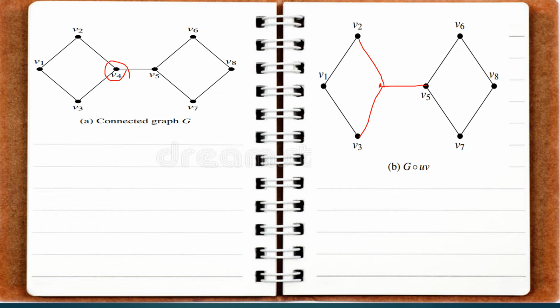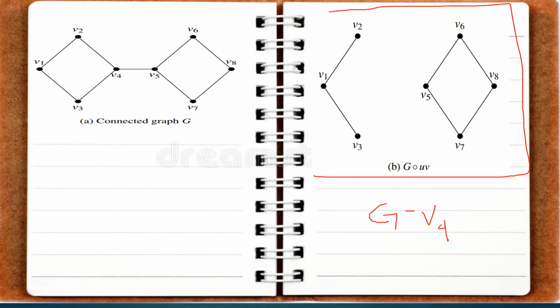So we remove this edge, and this edge. And when we removed V4, the resulting graph, which is G minus V4, is a disconnected graph.